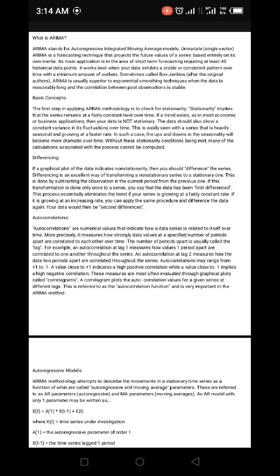ARIMA mostly tries to exhibit a stable behavior of time series data, and it tries to show the minimum amount of outliers. Outliers simply mean things that are not supposed to be there. And we have a few important concepts that I need to talk about.